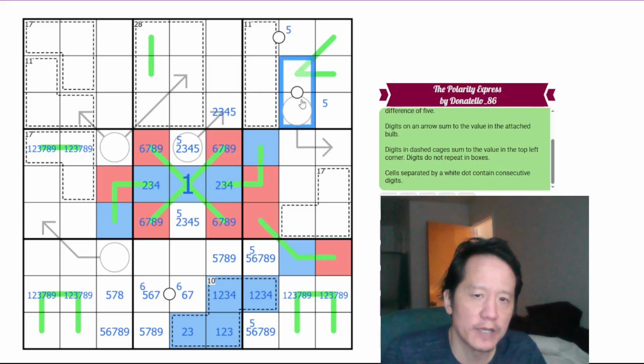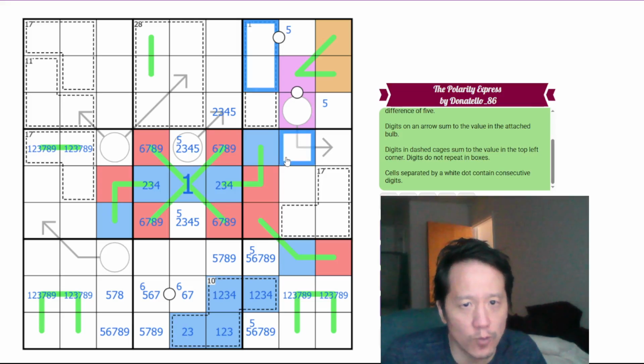These two are consecutive, and this one cannot be 5. So these two are opposite of these two. So we're going to make these both pink, and these are orange. We know there's two lows and one high here. There are two lows in these sets, right? Because this cannot be 5. Obviously, that can't be 5.